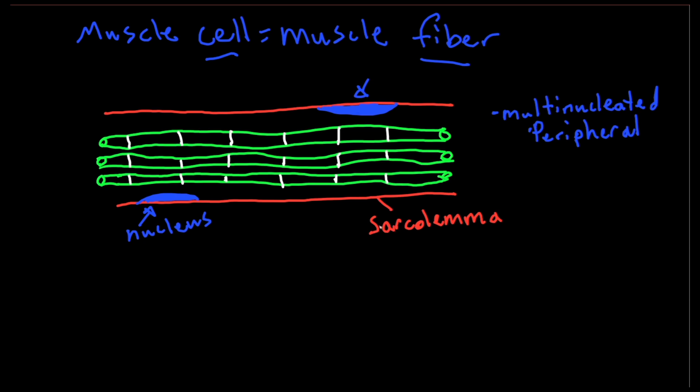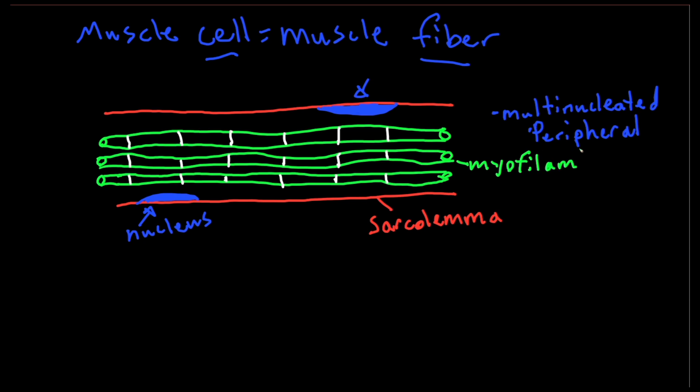But sometimes you still see it referred to as sarcolemma. And also the endoplasmic reticulum is sometimes referred to as a sarcoplasmic reticulum. So that's just to confuse you, but really the same thing as a cell membrane and an endoplasmic reticulum. Now these green horrible lines that I drew here are the myofilaments. Let me label that. These are myofilaments.